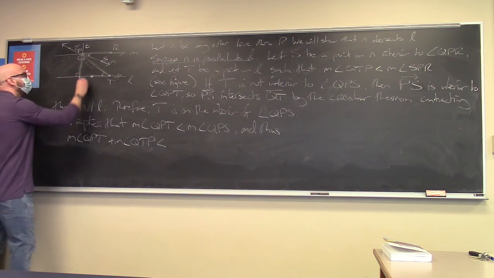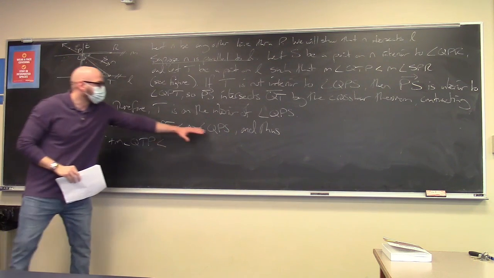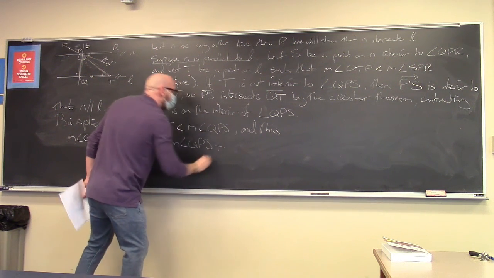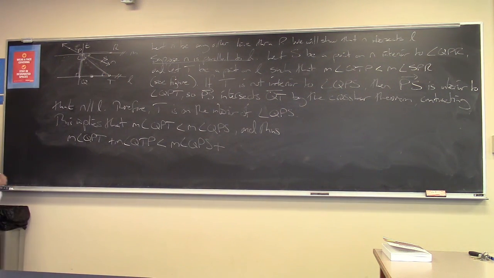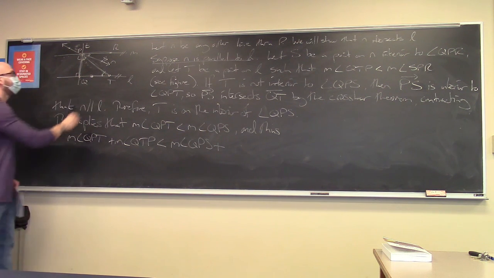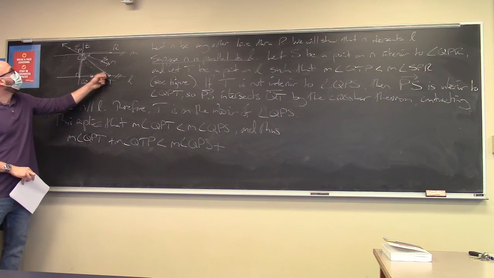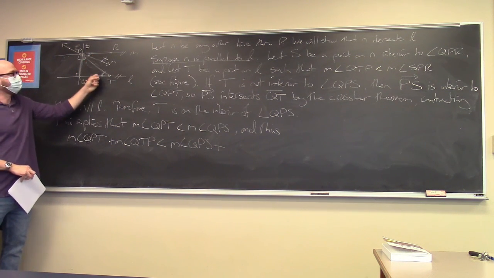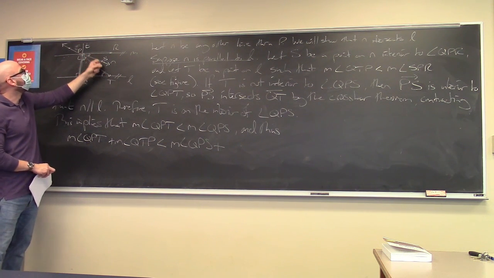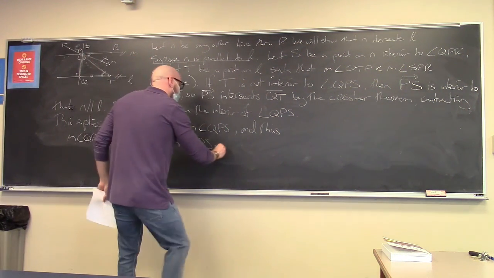Well, QPT, this angle right here, is less than QPS, so that's less than the measure of angle QPS plus this angle right here, QTP. We constructed this so that this angle would be less than this angle. Remember, we chose T in particular to be far enough out that this angle is less than this one. So less than the measure of angle SPR.